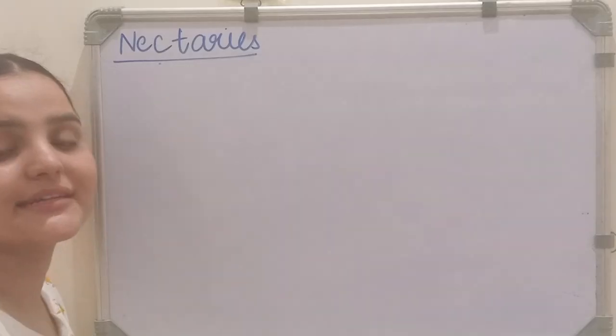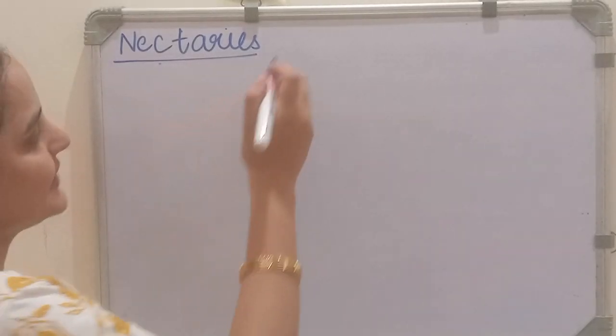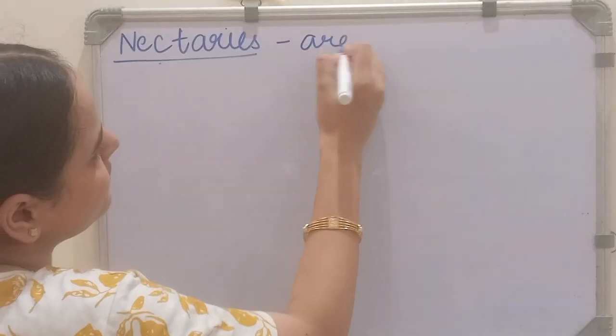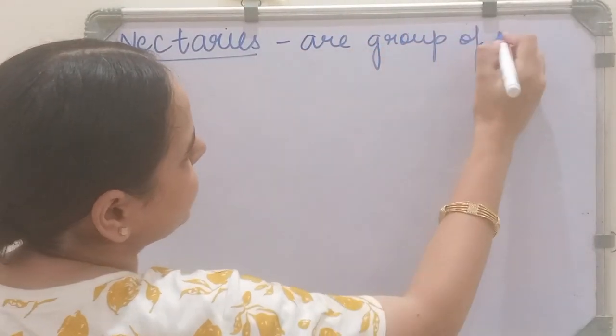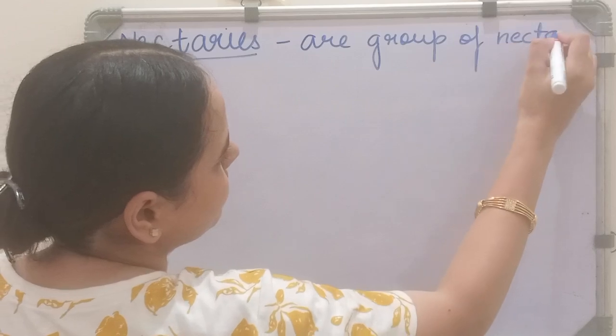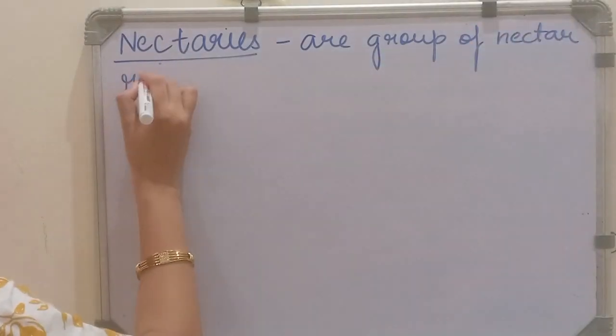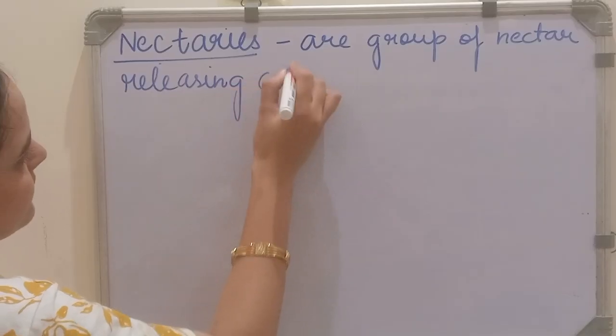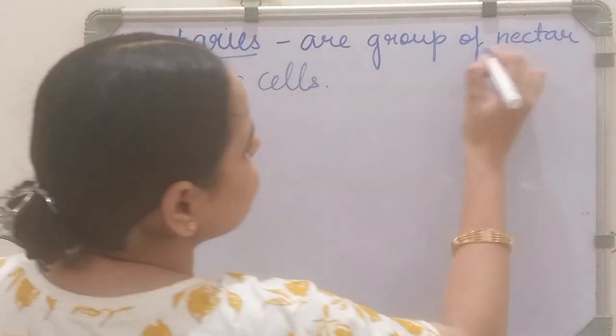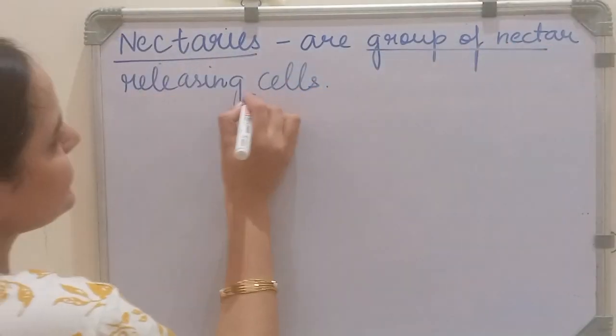Okay, now let's study about nectaries. So nectaries are a group of nectar releasing cells.